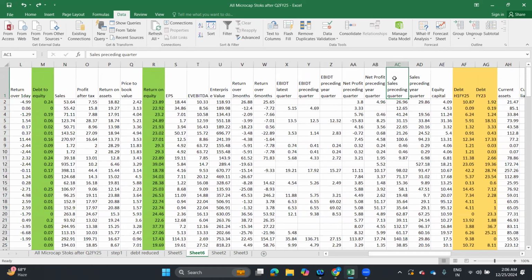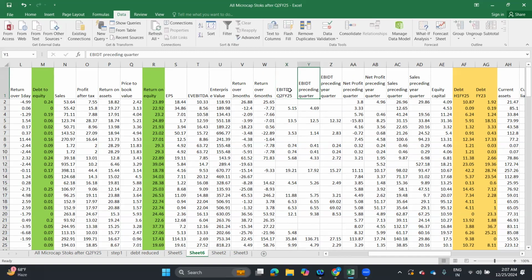Honestly, I don't remember everything, like whether the sales data is H1 FY25 data or FY24 data. This is quarterly. So net profit, EBITDA preceding quarter, these are quarterly numbers. EBITDA latest quarter, EBITDA preceding quarter. So we can take it as EBITDA Q2 FY25, the latest quarter.